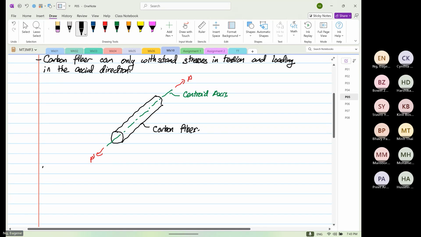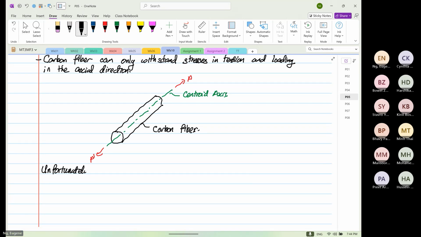Unfortunately, carbon fiber cannot withstand shearing stresses. It's just not meant to withstand shearing stress.